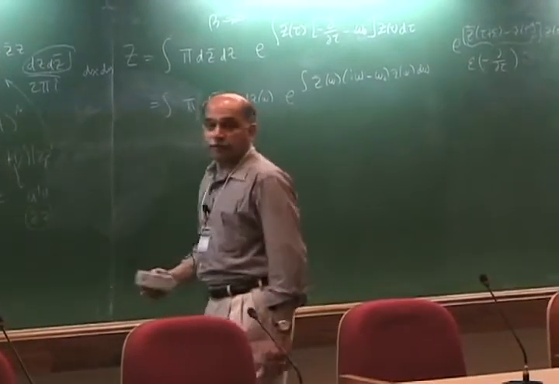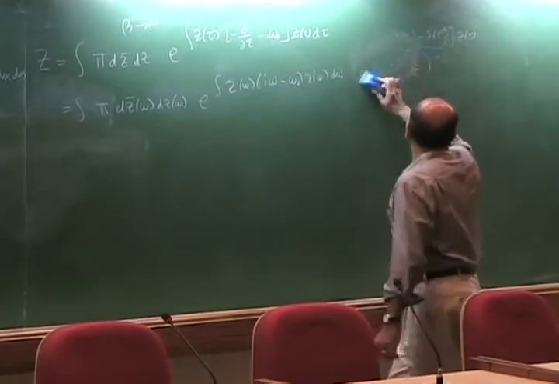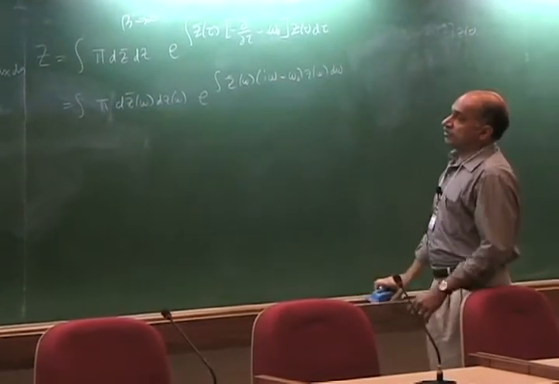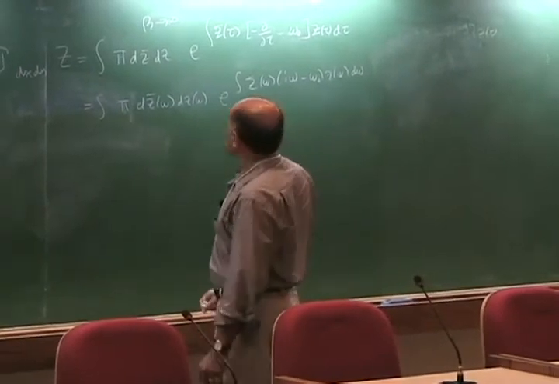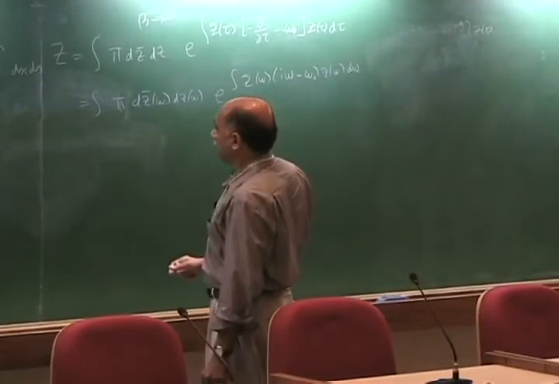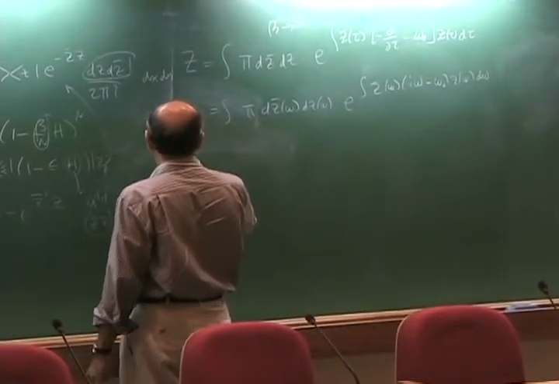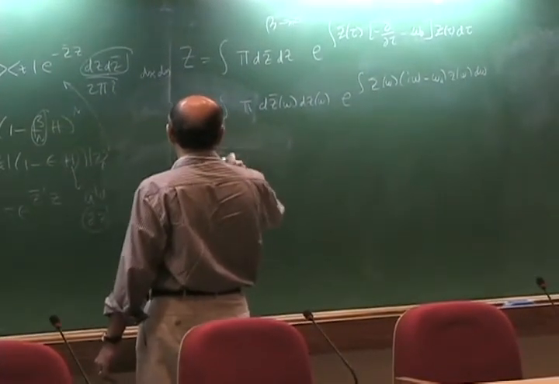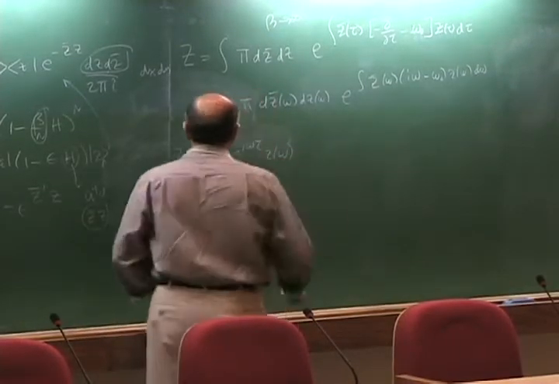Question: can you say a few words about the boundary conditions? Yeah. In this integral, if beta was finite, then you will want periodic boundary conditions. Anyway, I wrote something like this, e to the I omega tau, z omega.